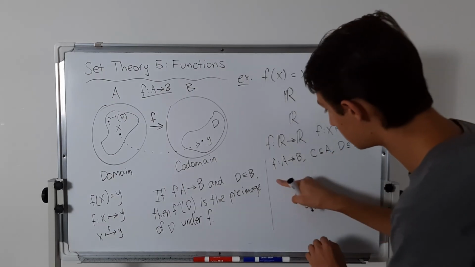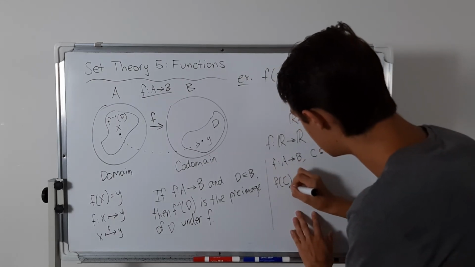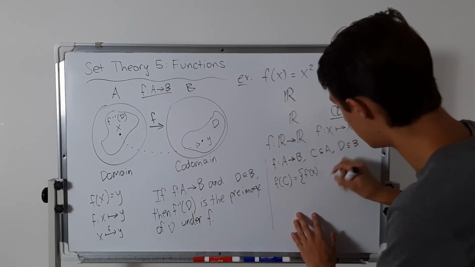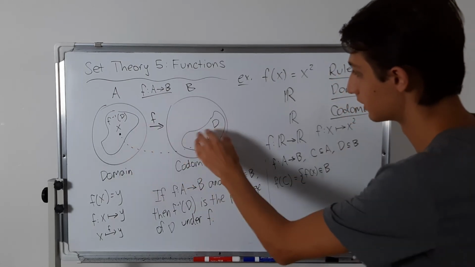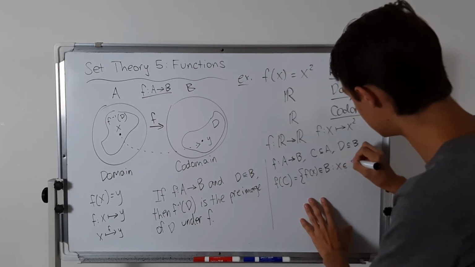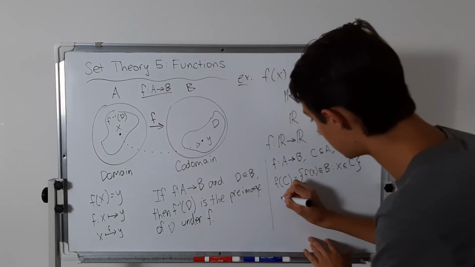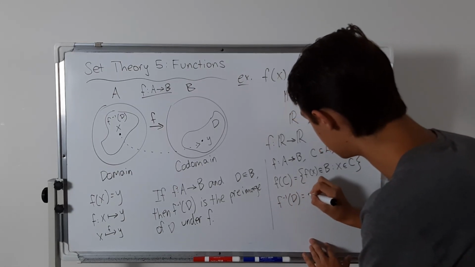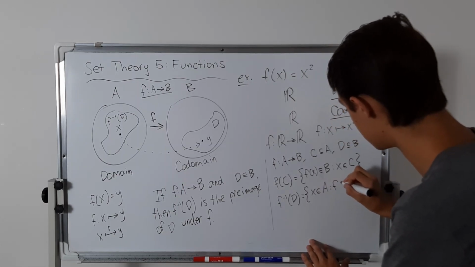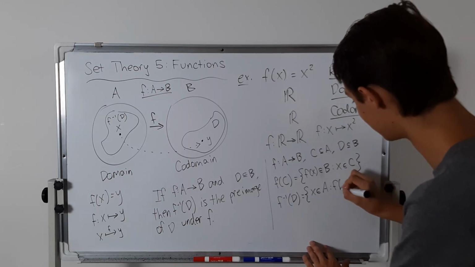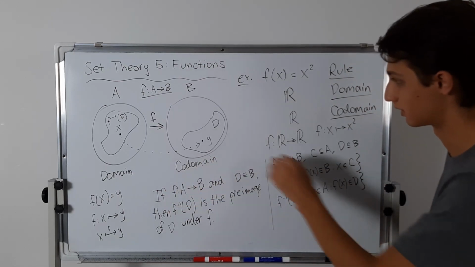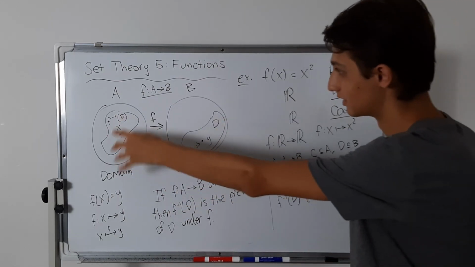Then f of C is all the f of x's in B such that x is in C. And f inverse of D is all x's in A such that f of x is in D. So for all f of x's in D, we have all the x's in A that satisfy that.